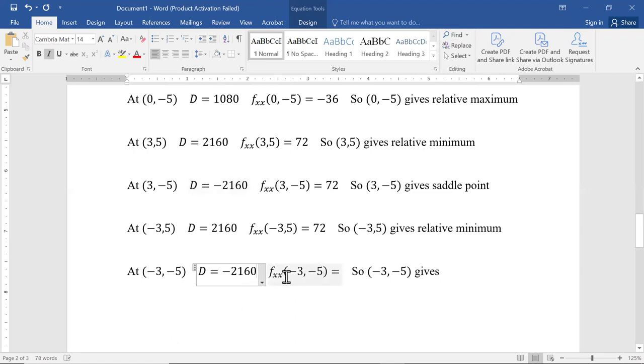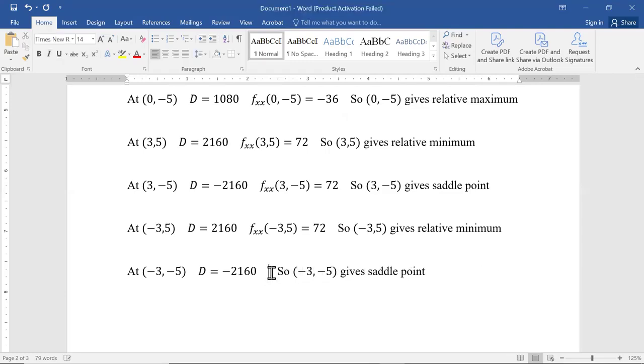And it really doesn't matter. I know this is going to give a saddle point no matter what happens at f sub xx. D is negative, we get a saddle point. If you wanted to calculate this, you'd also get a 72. But again, I don't have to calculate it. Once I know D is negative, that's all I need to know I have a saddle point there.